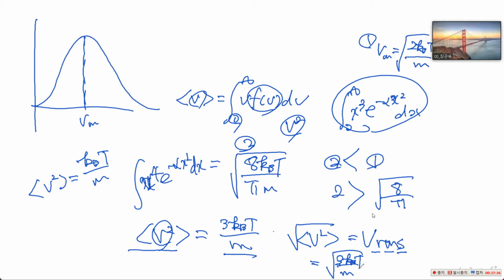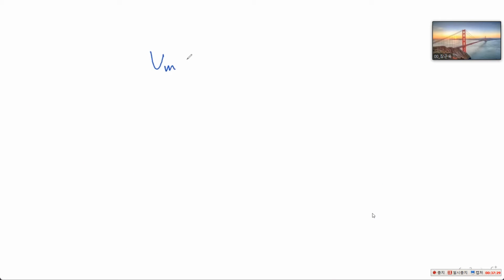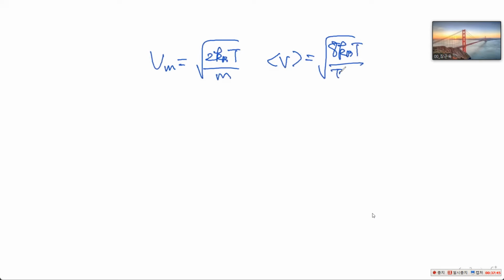Okay. So now we have Vm equal square root 2kbt divided by m, V average, VRMS.